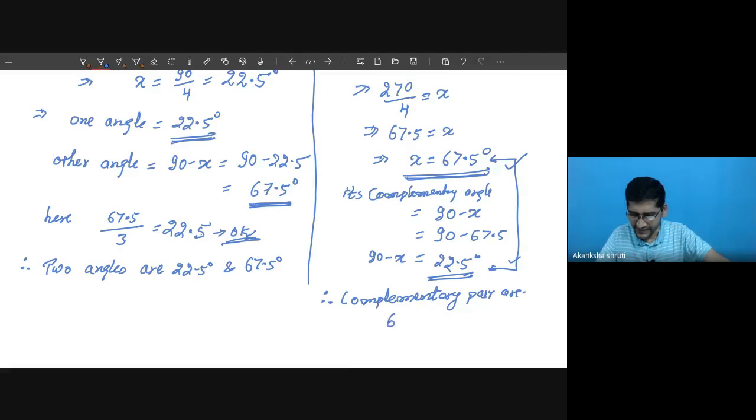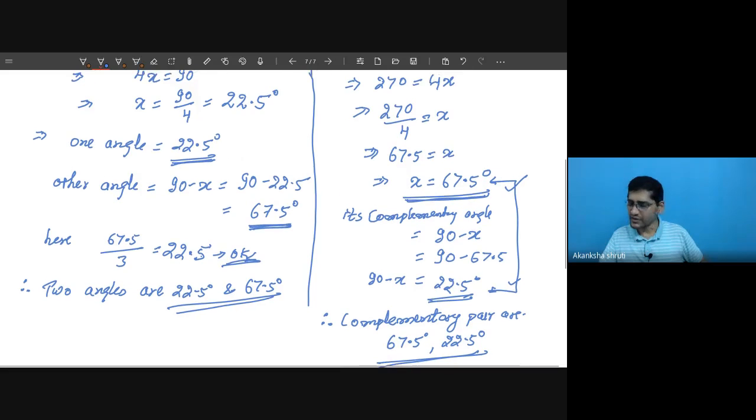That doesn't make any difference. So write this way or this way, you will get the same result. Ultimately, just the position gets interchanged because both of these are complementary to each other. That you have to keep in mind.